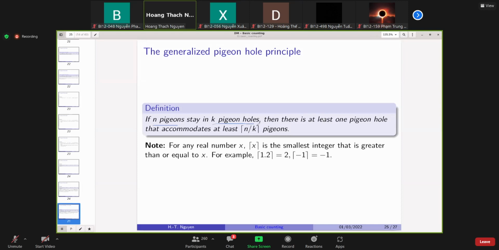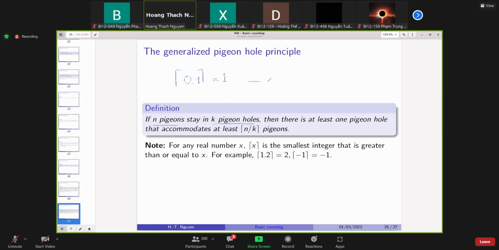Do you know what the ceiling function is? For example, the ceiling of a real number is the smallest integer that is larger than or equal to this real number. For example, the ceiling of 0.1 is equal to 1.